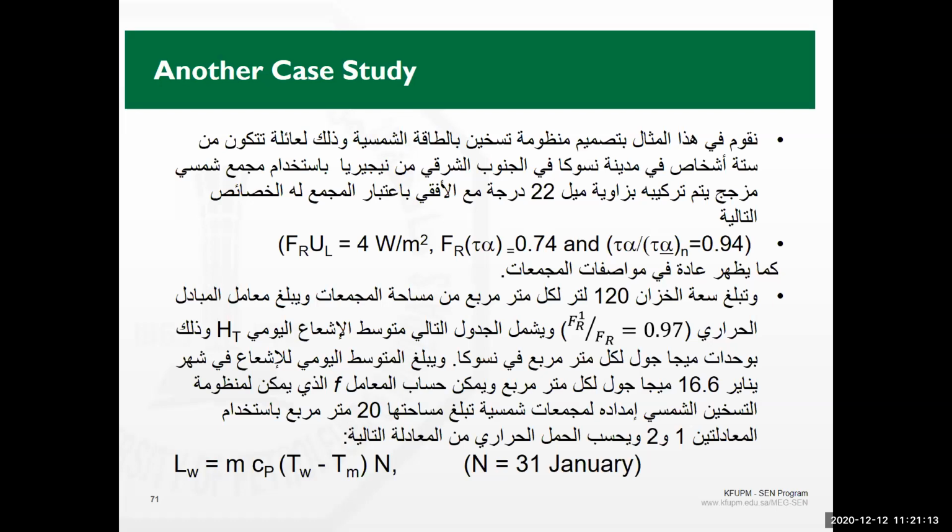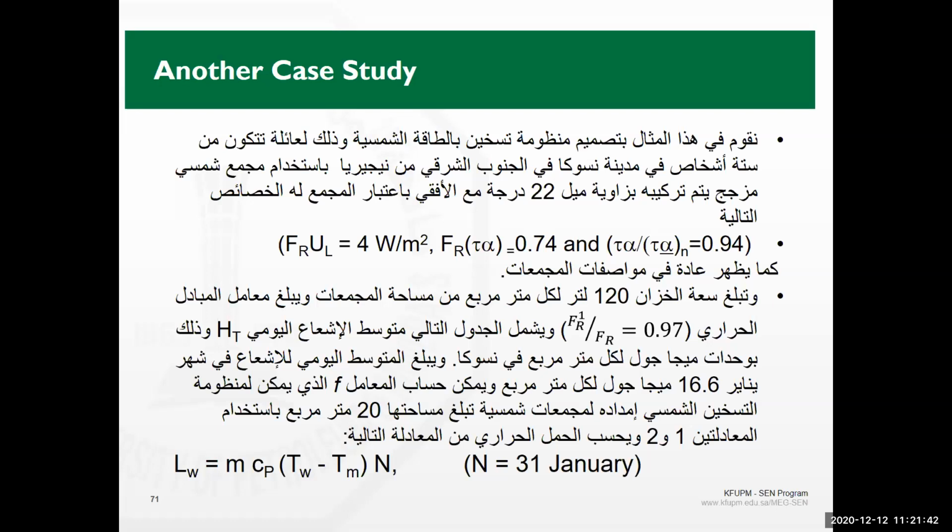And there is a table that gives the HT value, متوسط الإشعاع اليومي. Remember in our previous example, we calculated this value based on how much is the total radiation falling into this area. And then based on the tilting angle, we came up with this value of HT diffuse over the total HT, and then we can get how much is the actual amount of energy falling into the collector.